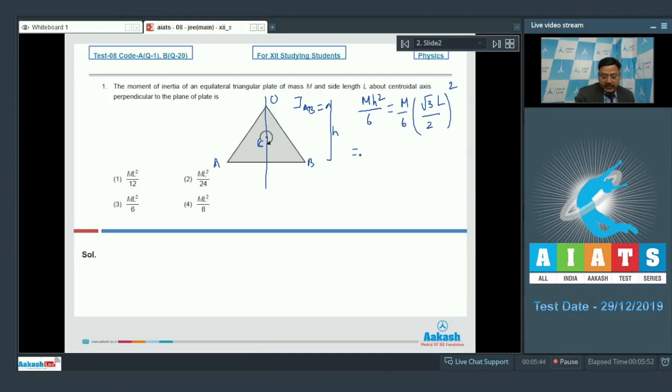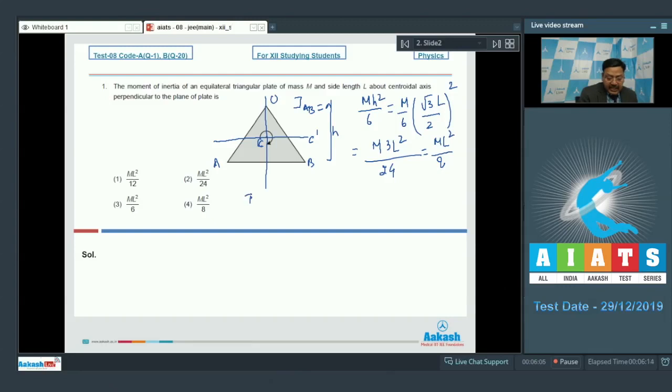On simplifying, we get this as m into 3L square divided by 24, or simply mL square by 8. Now we can find the moment of inertia about this axis. Let's call this CC dash.